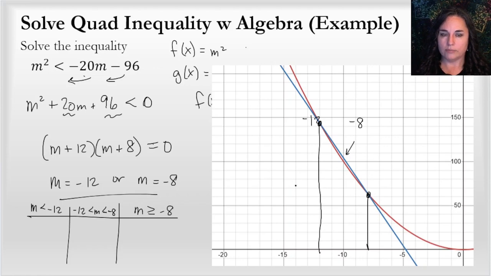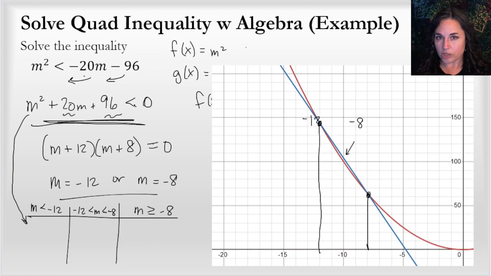Do you all see that? And so then I can do this algebraic test. If I couldn't look at the graph, I would do an algebraic test to say, where is it negative? I think that would be the easiest way to do that. If I plug values into this equation and it is negative, then it's true. If it's positive, it's false, because I want this less than 0.